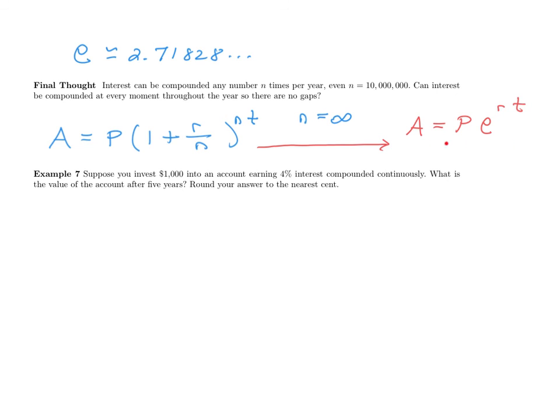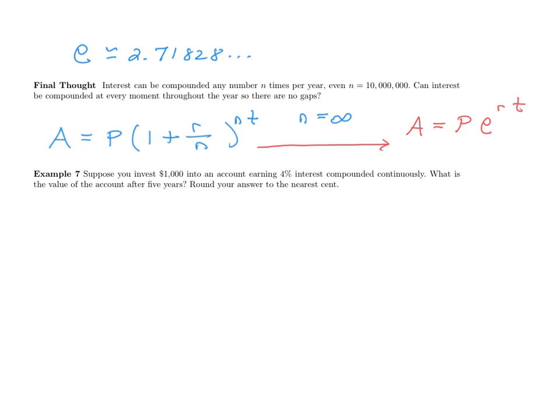So this is the best that you can do, compounding at every single moment throughout the year. You can't use this formula to figure that out because you can't let n equal infinity, but the bigger n gets, the closer to this value we get over here. So on your calculator, you might see a button for e, or e with an exponent, and that's why it's there.